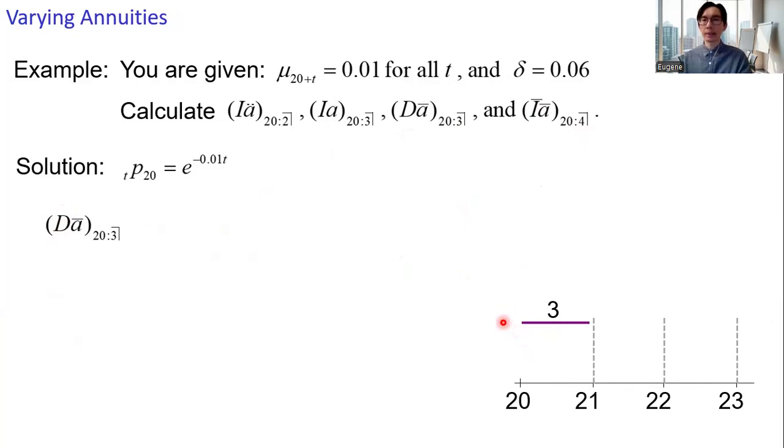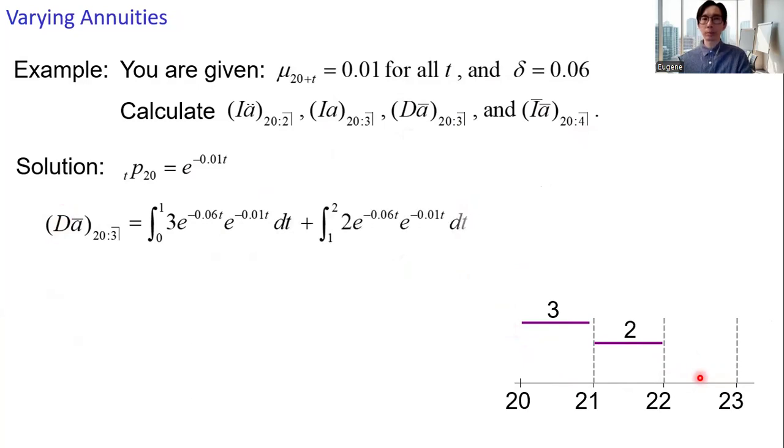And then in the second year, it decreases by $1. And then in the following year, the final year, the payment rate is 1. And then we have this expression for the actuarial present value for this annuity.